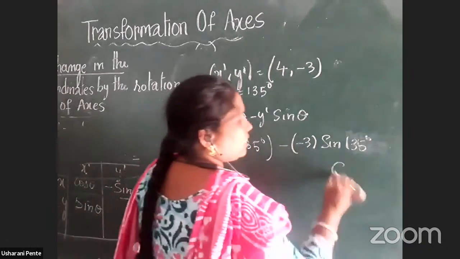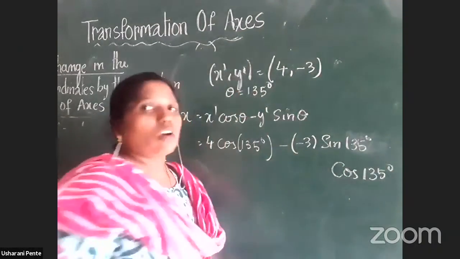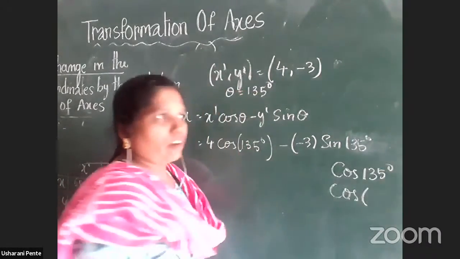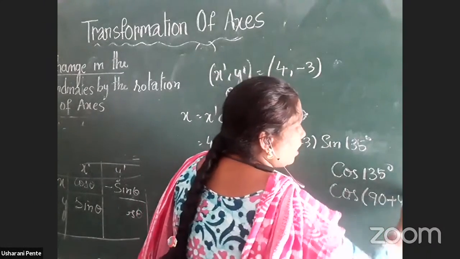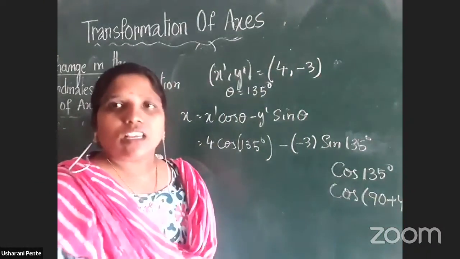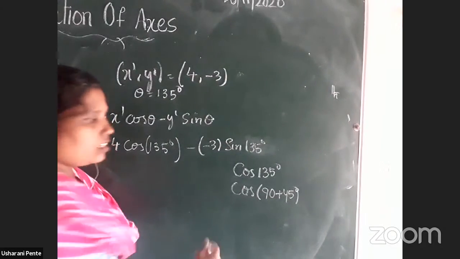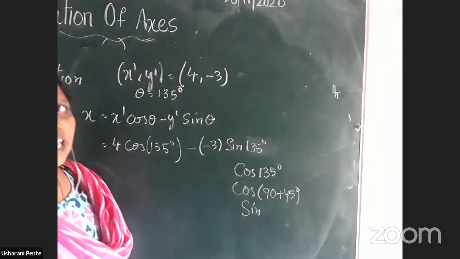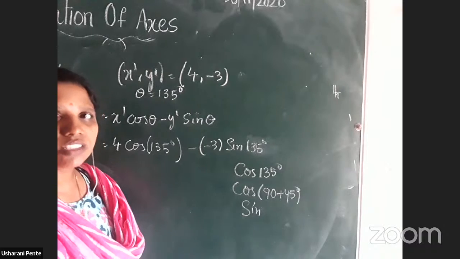In 10th class we have already seen how to find cos 135. Cos 135 can be found by writing 90 plus 45. For cos of 90 plus theta, cos will change to sine, and 90 plus theta lies in the second quadrant, where cos is negative.